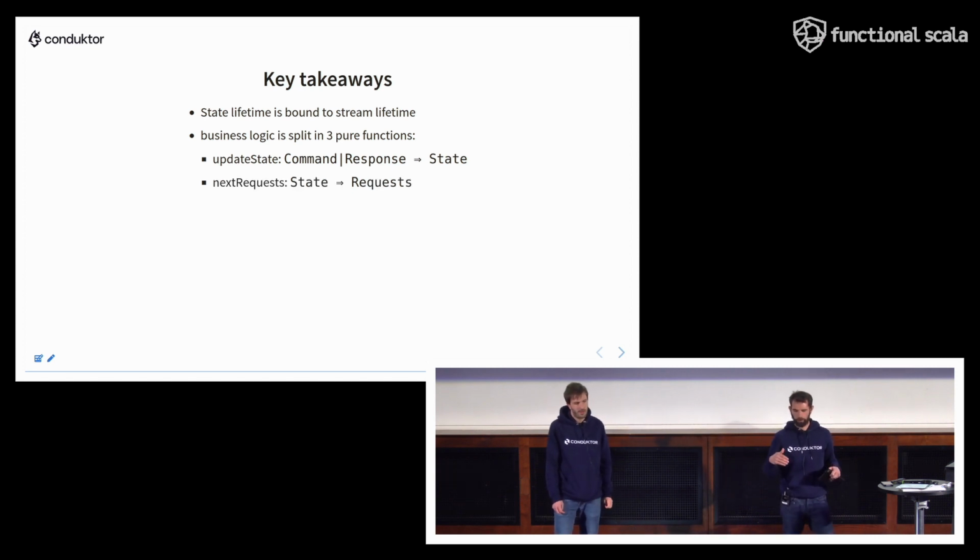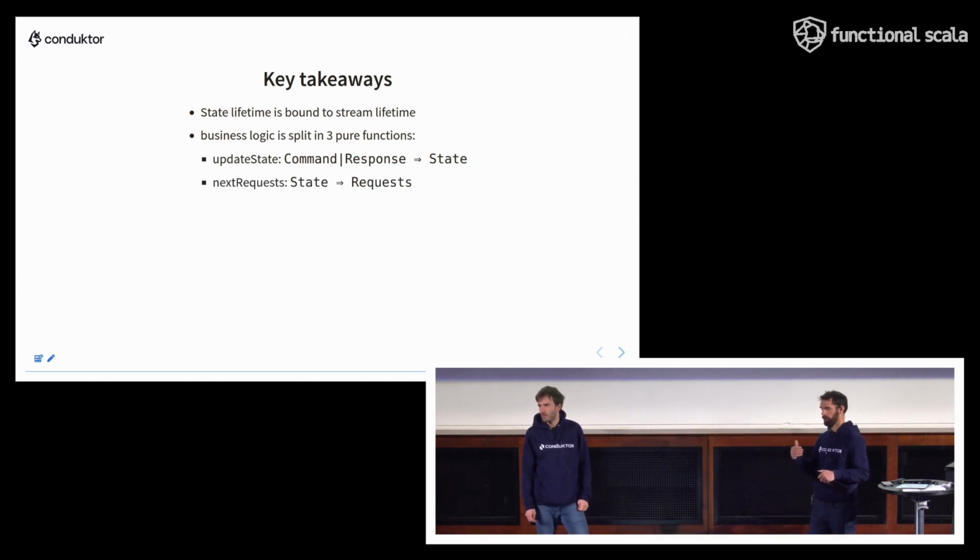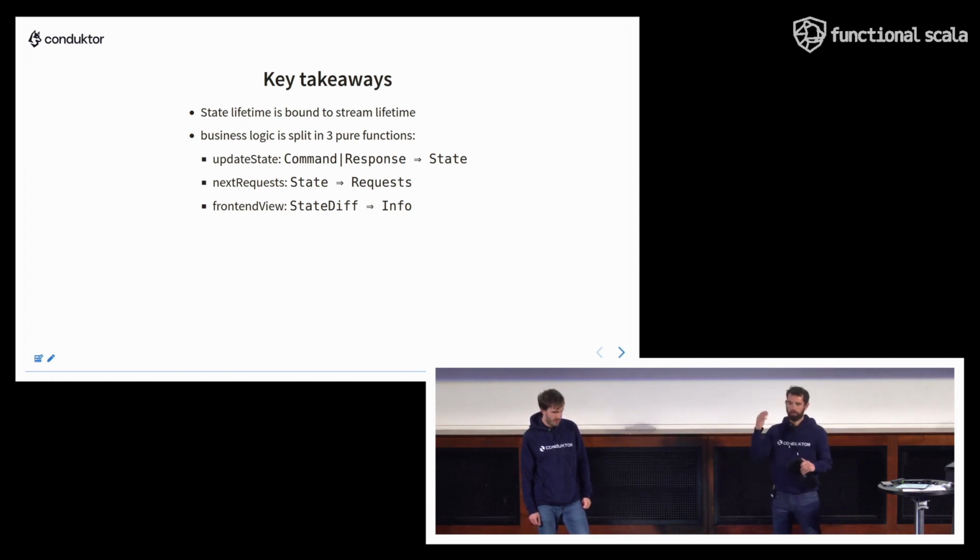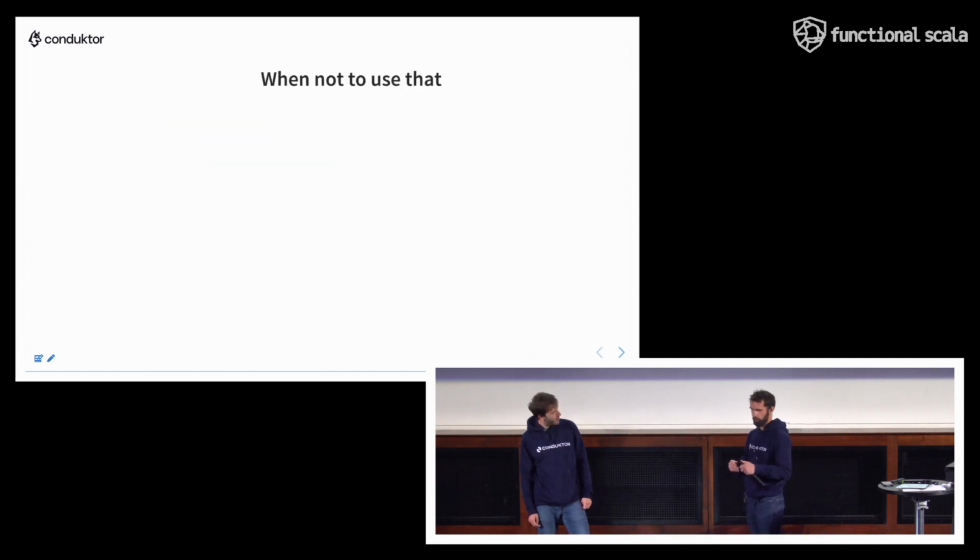The second function goes from state to request, that allows us to make the state evolve by querying Kafka in our case, but it could be anything else. And a third function that just takes the 2 states or a state diff and goes to info, being what you actually send to your view. And it's the generic way that we found works.